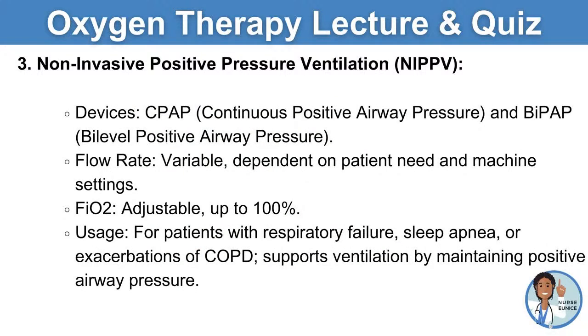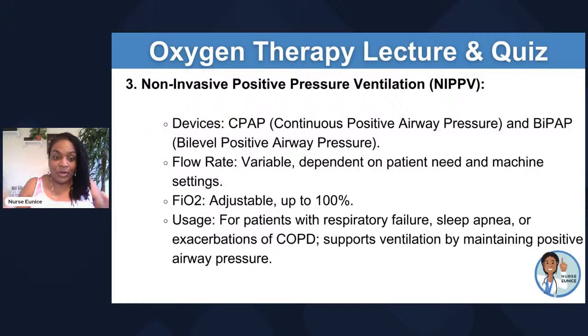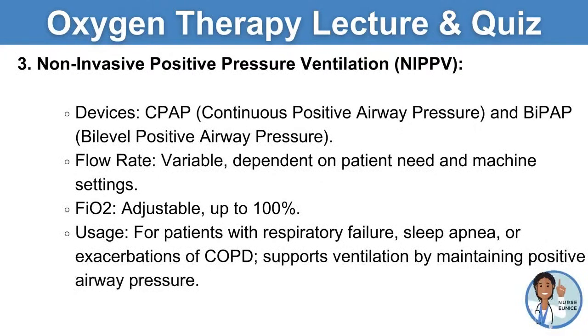Now we get to our CPAPs and our BiPAPs, non-invasive positive pressure ventilation. This means we have a device that we put onto a patient's face, and it is pressurized. It's going to be pushing oxygen in so that the person gets better lung expansion. For sleep apnea, we have CPAP, which is continuous positive airway pressure, and then we have BiPAP, which is bi-level positive airway pressure.